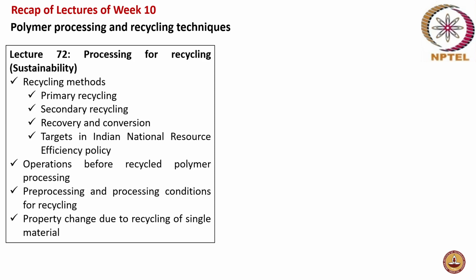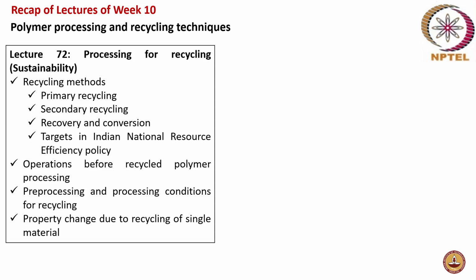In secondary recycling you have downcycling as well as upcycling, and then recovery and conversion, where you can recover the monomers, or it can be converted to some oil and char, which can be used for some applications. And then also conversion to energy.